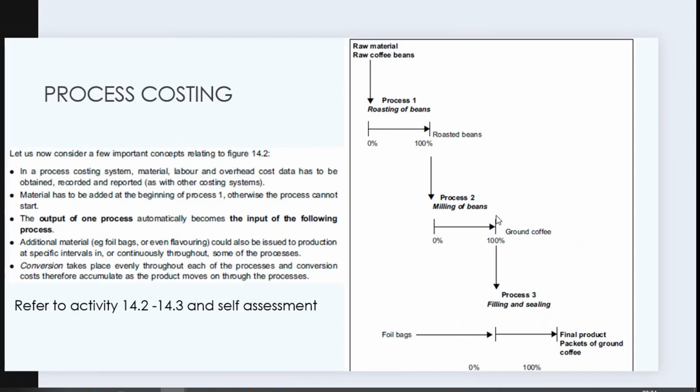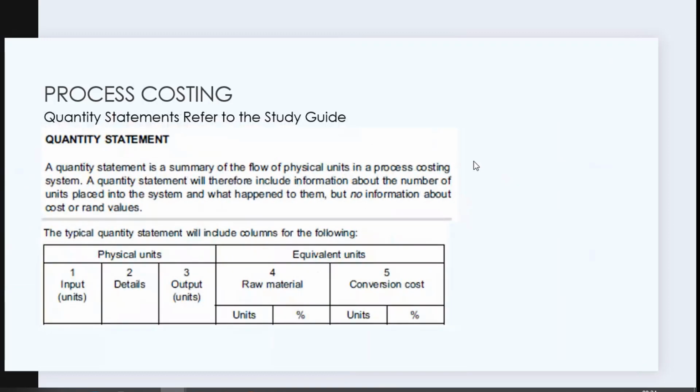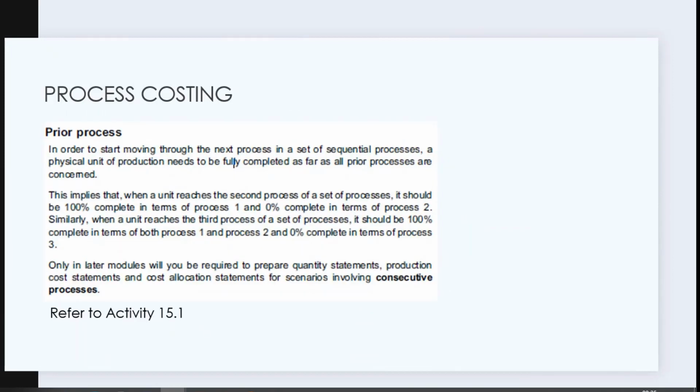Your prior process would be saying that if I'm in process 2, I have to acknowledge that there was a prior process before the current one. And this means that in the previous process, I've got roasted coffee beans as opposed to the raw ones, right?